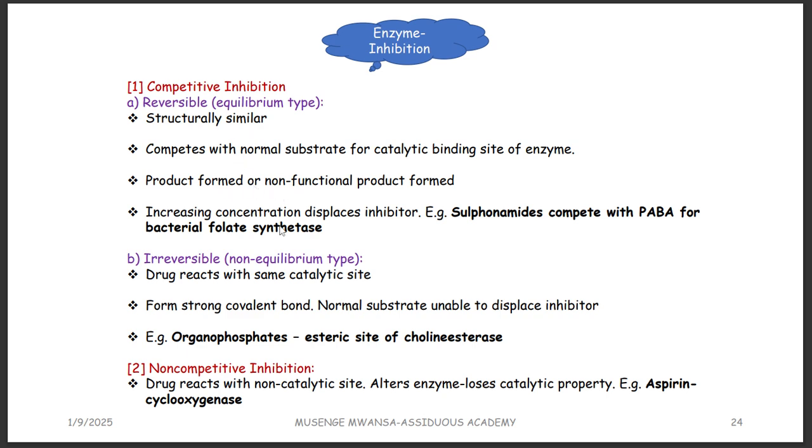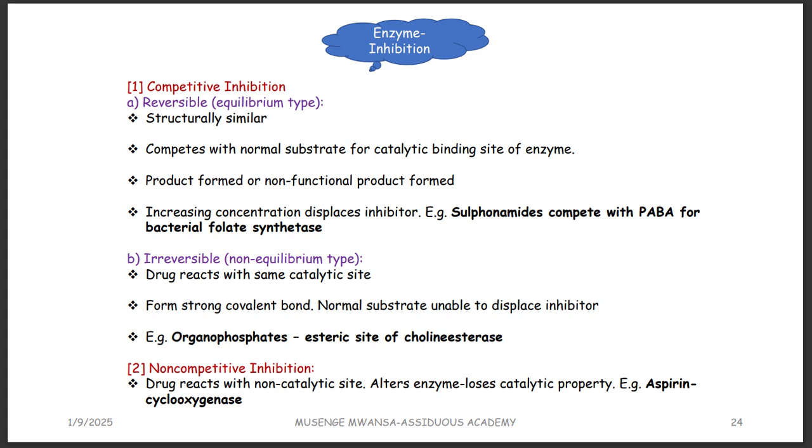Okay. So when you increase the concentration of the actual substrate, it can displace the inhibitor. For example, sulfonamides can compete with PABA for folate synthetase. You are going to understand this. Sulfonamides, these are drugs that you are going to be using in the treatment of a lot of bacterial infections.